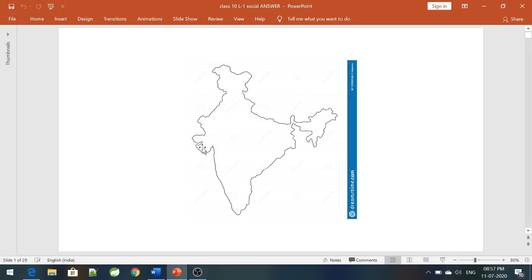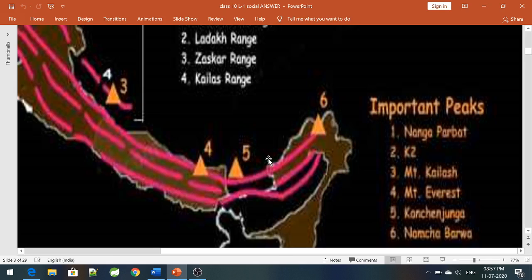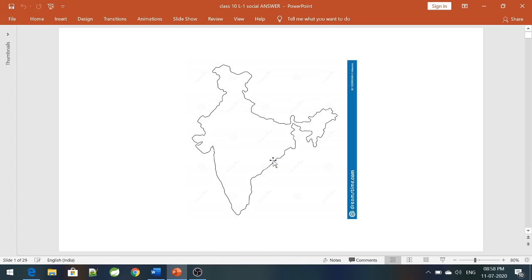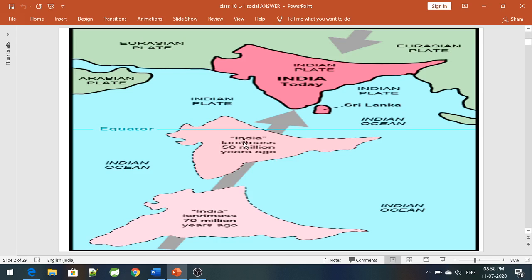So this is the outline of an Indian map. Whenever you are studying the geography of India, always keep a map with you. See, this is the formation of India. Around 70 million years ago, there was only the Eurasian plate here, and over millions of years, with tectonic effects and the movements of large bodies of land, they moved across the ocean.